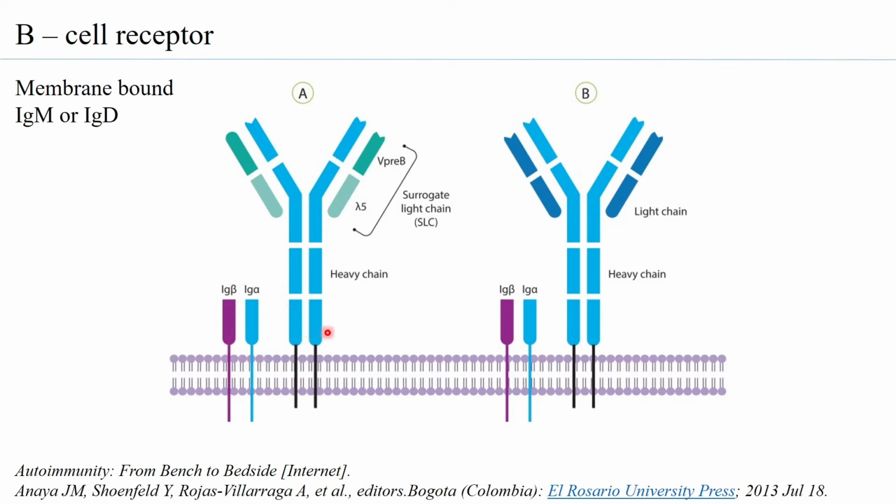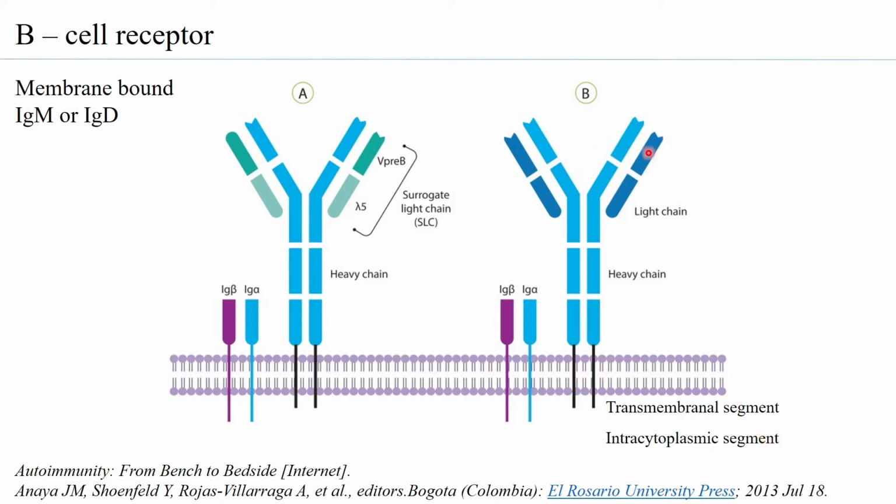And interestingly, as it develops into the immature B cell, you find that the surrogate light chain becomes a stable light chain, and the heavy chain at its C-terminal is bound to the membrane of the B cell through a transmembrane segment. So this is about a 25 amino acid long segment that remains bound to the membrane, and you have a portion of about 5 to 6 amino acids which is an intracytoplasmic segment.